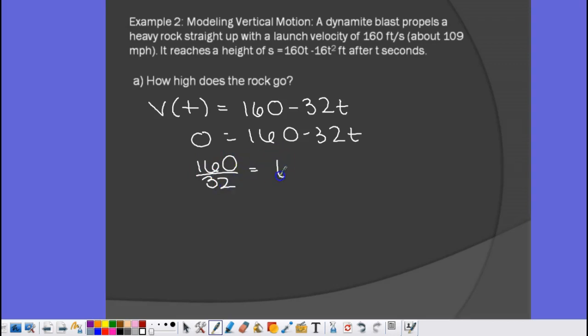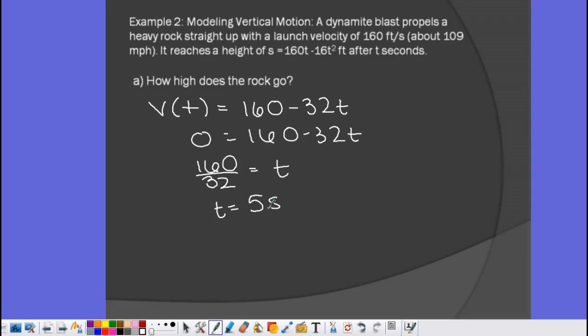It's going to be 5, because 5 times 3 is 150, and 5 times 2 is 10. 150 and 10 is 160. Okay? So 5 seconds is the time at which it occurs.